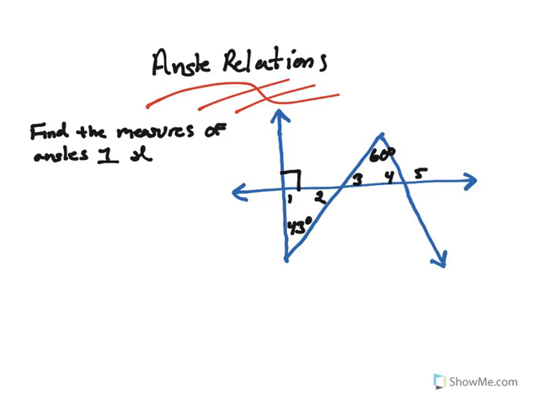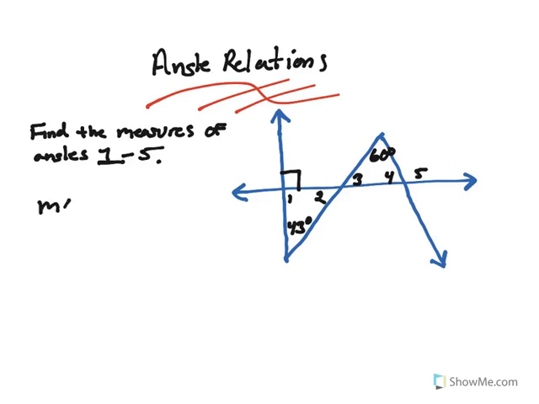I'm going to find all of them, so 1 through 5. Okay? All right. So let's start off with angles 1 and 2.